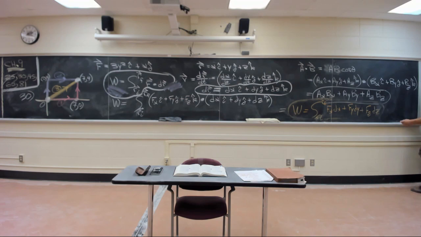What you can basically do at that point, guys, is you can say that w equals the integral from xi to xf of fx dx plus the integral from yi to yf of fy dy plus the integral from zi to zf of fz dz.